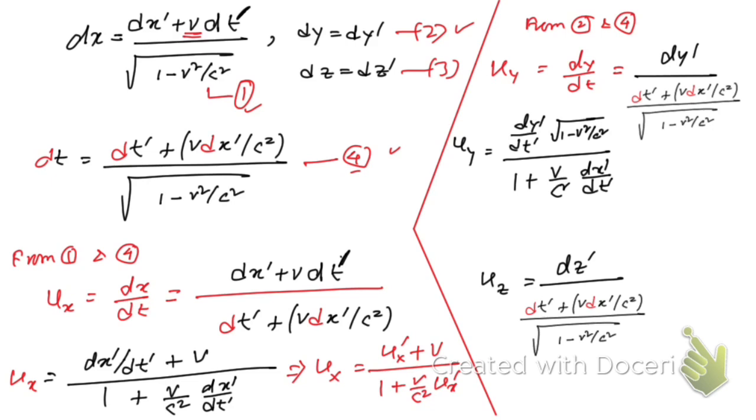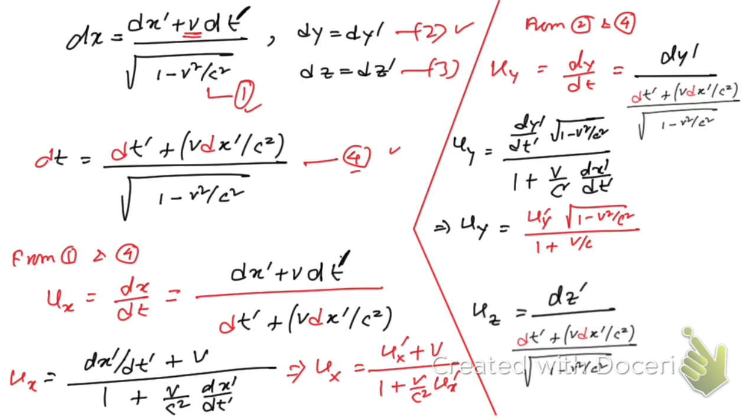So uy is equal to, here you see this term is nothing but uy dash, then root over 1 minus v square by c square divided by 1 plus v by c square times, and this is nothing but ux dash, right? That's what we're going to have. Hope you have understood this.